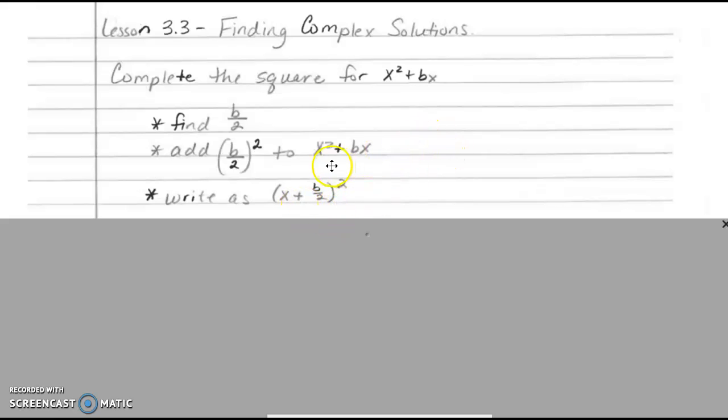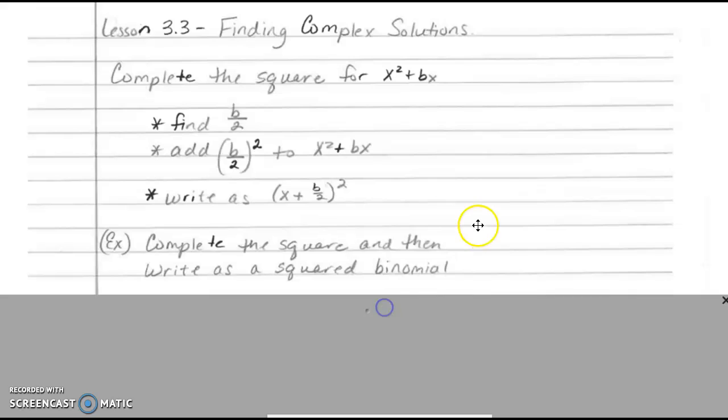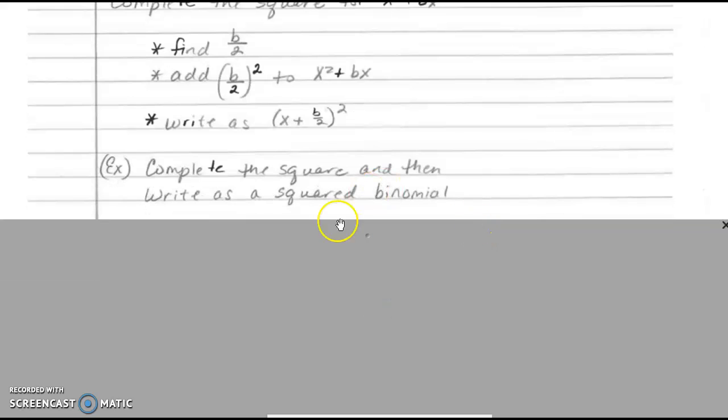We'll be able to factor that into a binomial squared. And this is going to be crucial for us in solving quadratic equations. So there are the steps using all the variables, or the unknowns or the letters. Now let's look at a few problems where we actually put these steps into place.